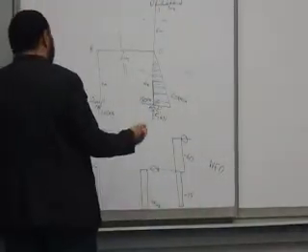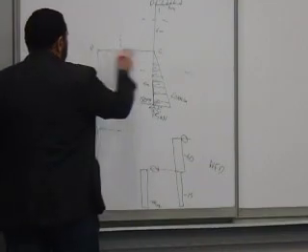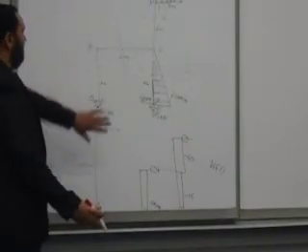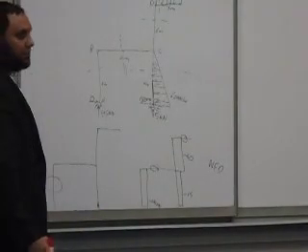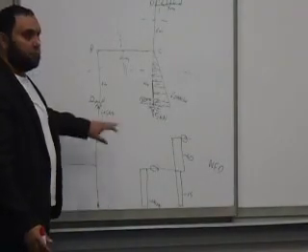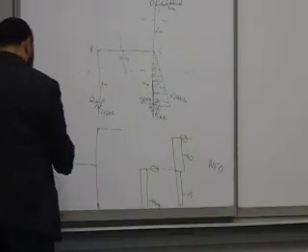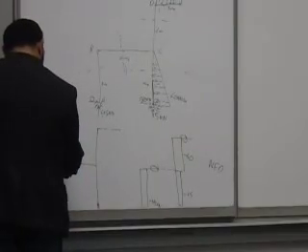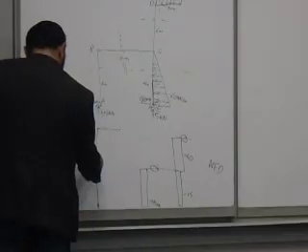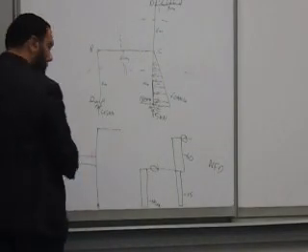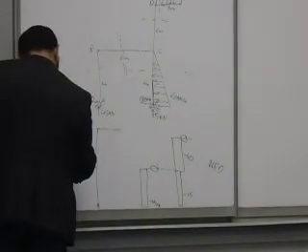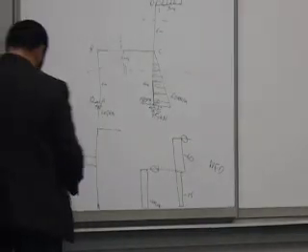But let's start with the easier one, BC first. If I take a section anywhere between B and C, and I'm looking left hand side, I'll see what? 45. Look, 45 is positive. It's a constant because there is nothing happening here. This is 45 kilonewton. And you notice something?